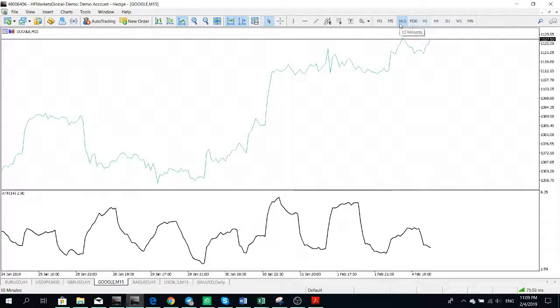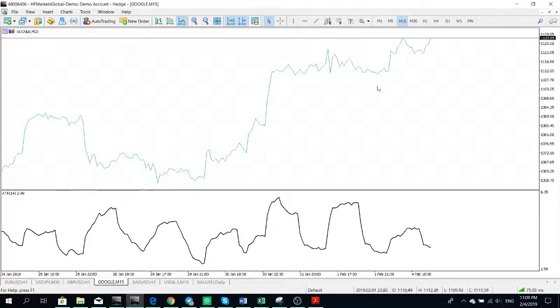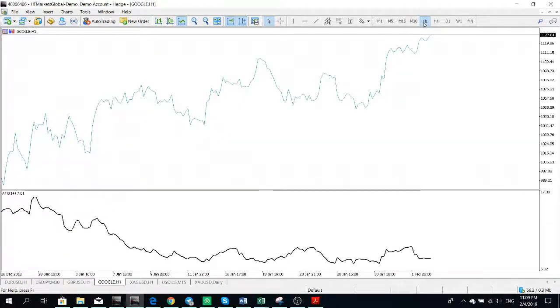You can see here, in the last 15 minutes with this 14 setting, we had $2.96 of changes, $2.97 change here in the stock. For example, in the one-hour chart, in the last hour, we had $7 of changes in the Google chart.